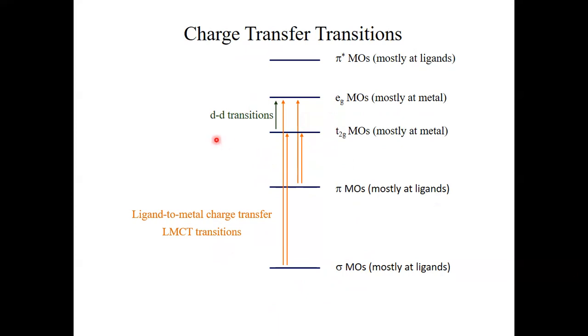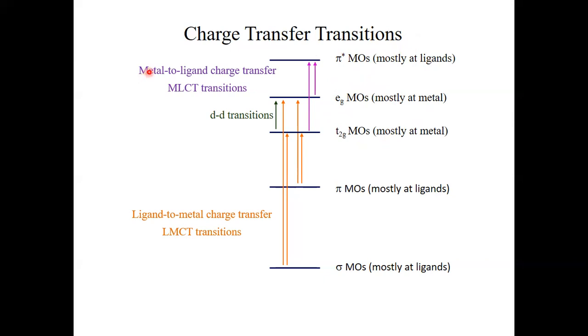Vice versa, we can also have the case that we have metal d electrons that get excited from the metal t2g or eg orbitals into the pi star orbitals, which are also located mostly at the ligand. So in this case, we will have electron transfer from these MOs, which are mostly at the metal, to these pi star MOs, which are mostly at the ligand.